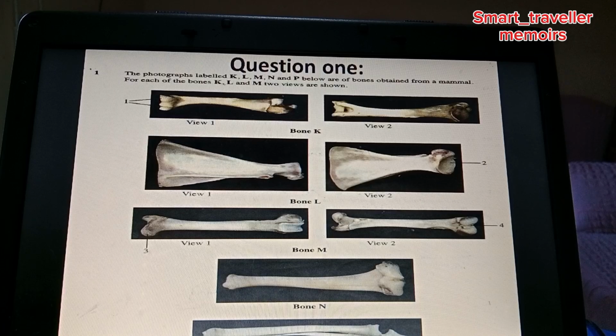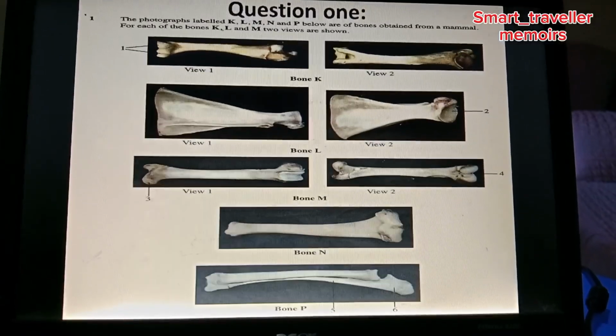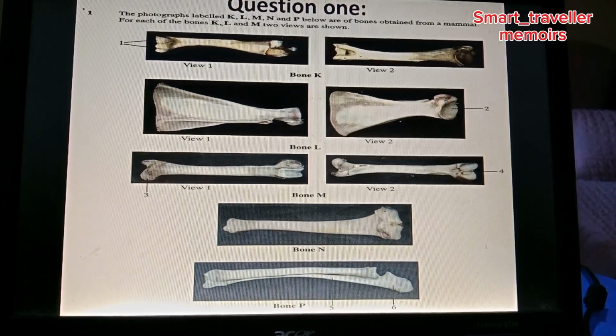So, bone K, view 1, view 2, bone L, view 1, view 2, bone M, view 1, view 2. Then we have bone N and bone P. Okay?